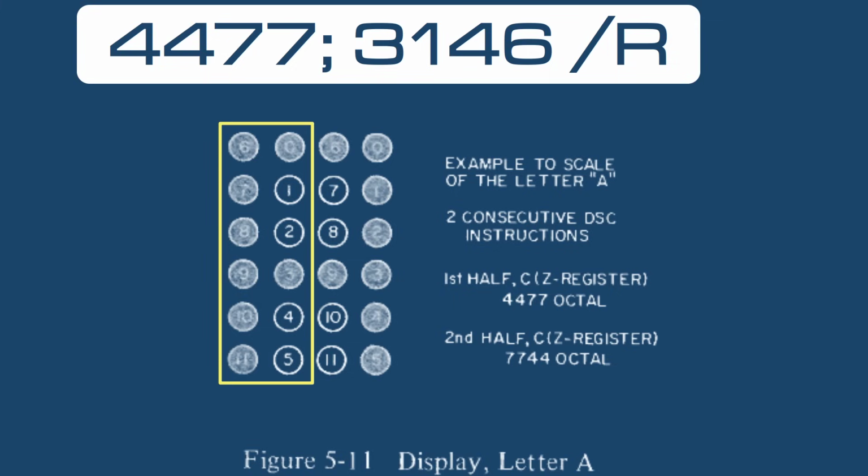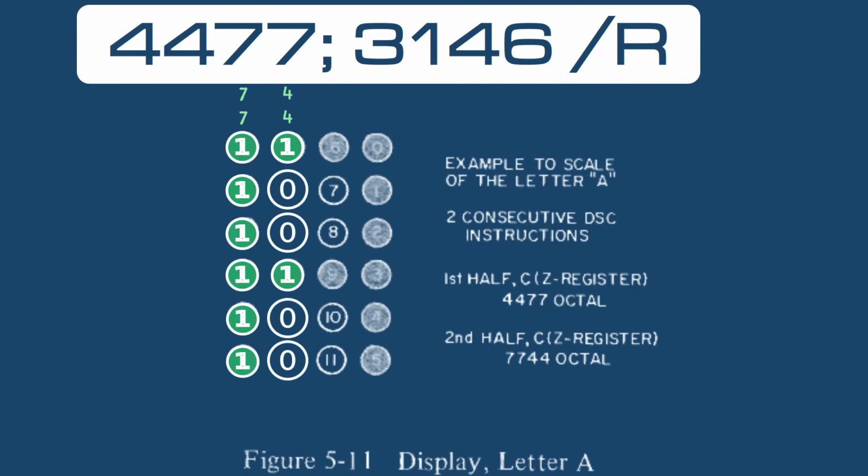Since the left half of the A is the same as the R, which is 4477, we can follow the logic for either. The halves are swapped, so 77 describes the left column and 44 describes the right. Since 7 is binary 111, that means all 6 pixels on the leftmost column are lit. And since 4 is binary 100, we go down the second column, on, off, off.